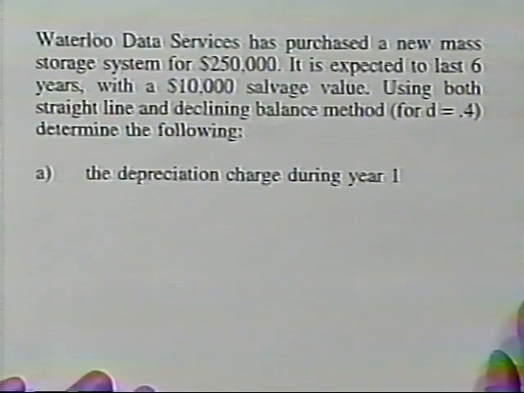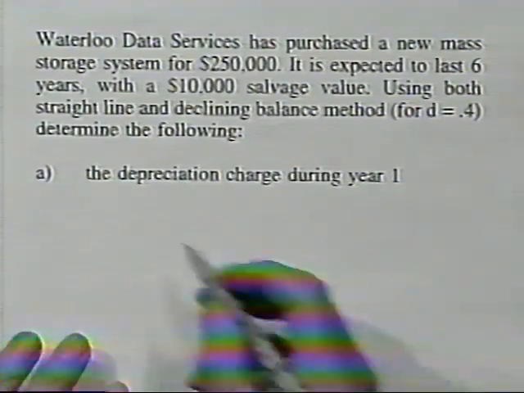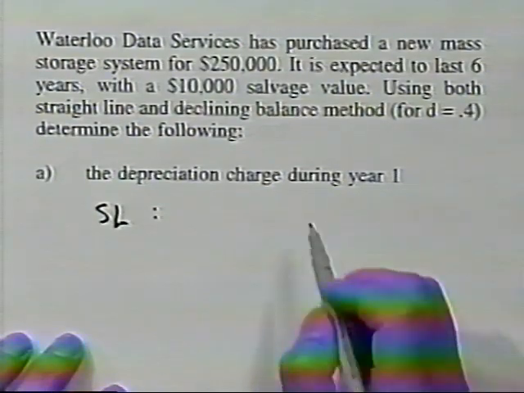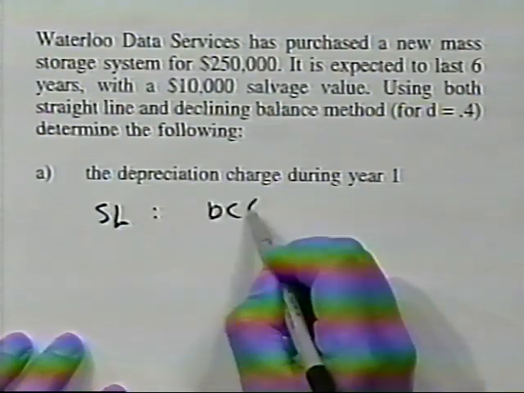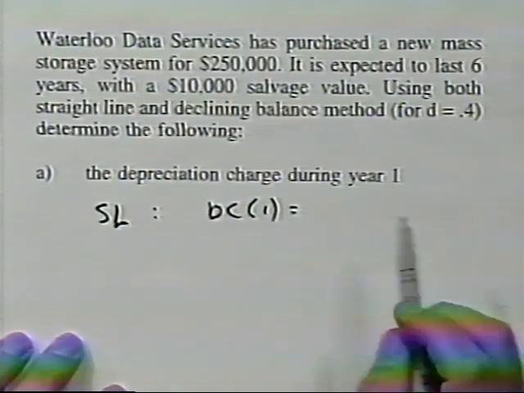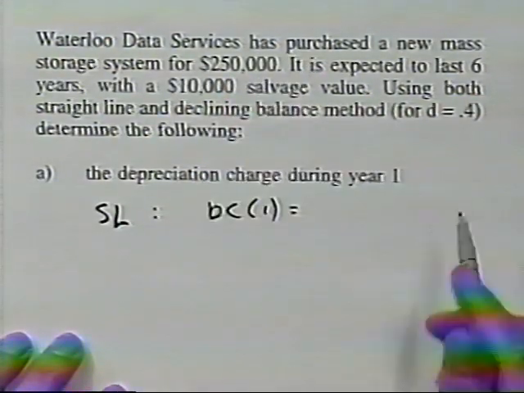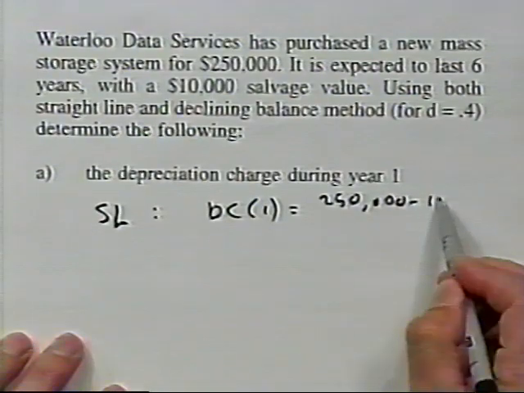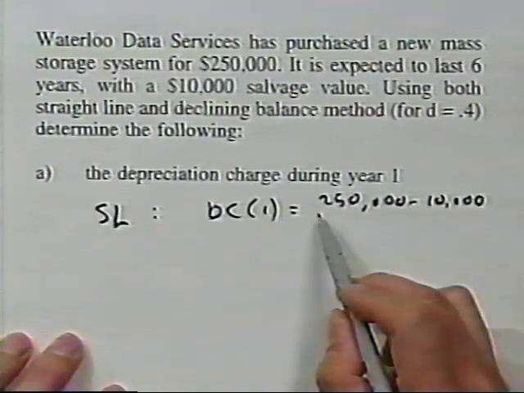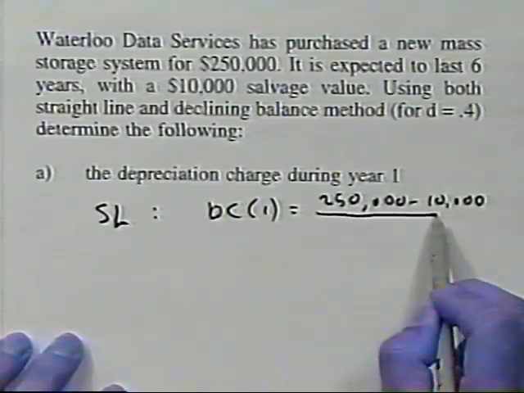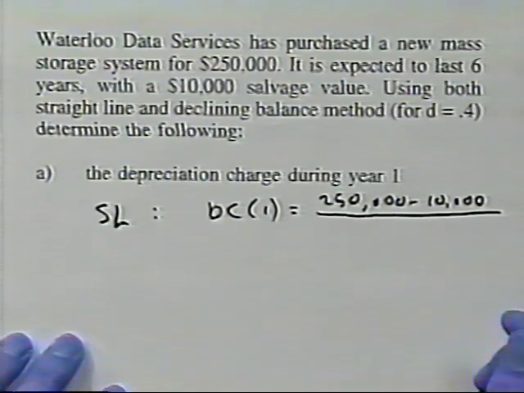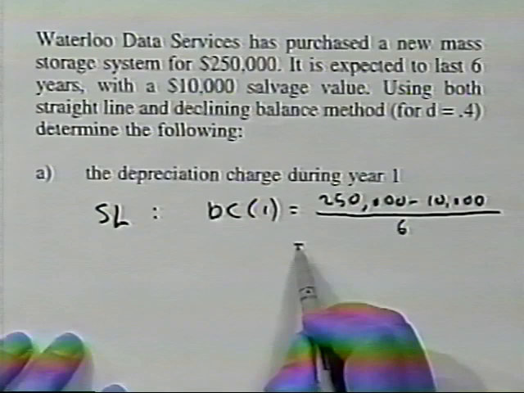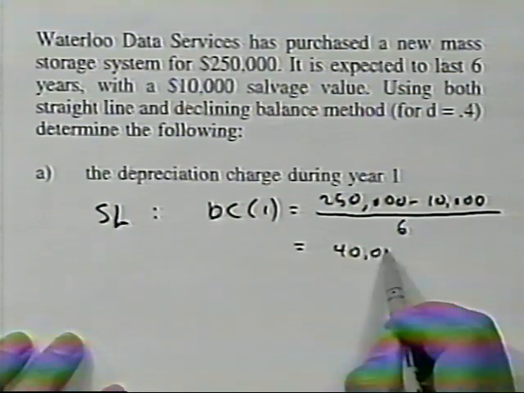First, the depreciation charge during year 1. Well, under straight line, the calculation for depreciation charge for year 1 is going to be the difference between that first cost and the salvage value, so $250,000 minus $10,000, then divided by the number of periods of 6, which is $40,000.